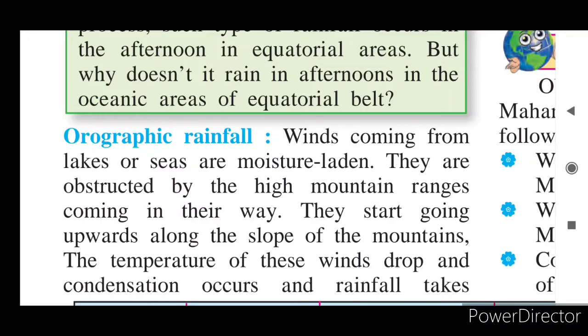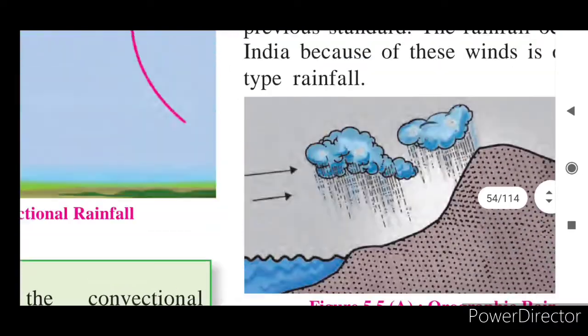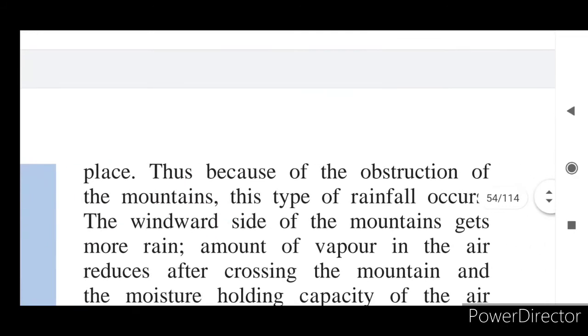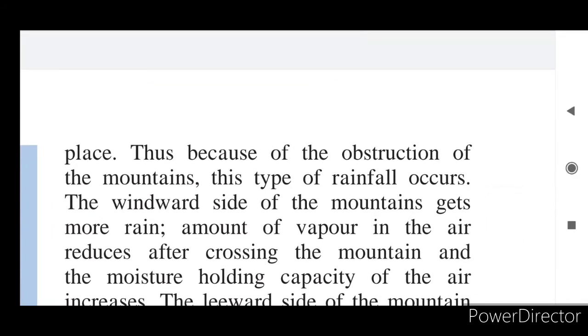As the clouds try to go higher and higher on the mountain and cross it, but as the clouds are trying to go upside, at that time in the slope area the temperature is also less and the wind drops the water, so rainfall takes place there. Thus because of the obstruction of the mountain, this type of rainfall occurs.